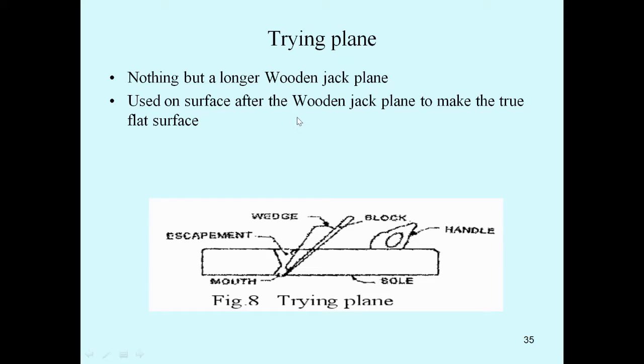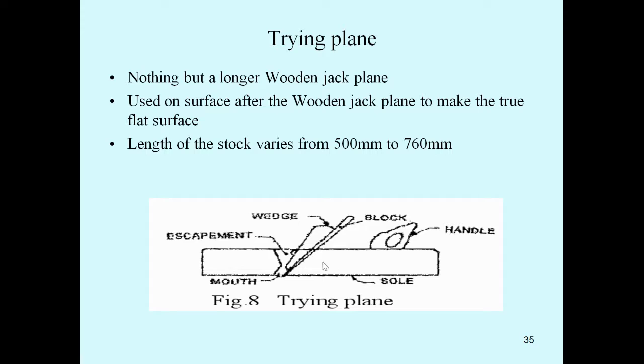After performing a job with the help of the wooden jack plane, we prefer the trying plane to smoothen the surface of the workpiece to make a true flat surface.